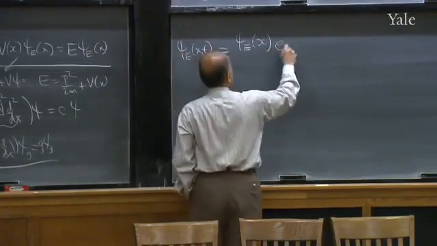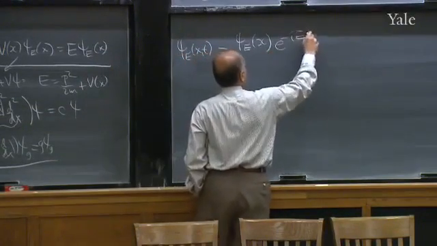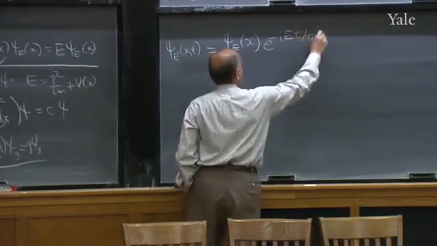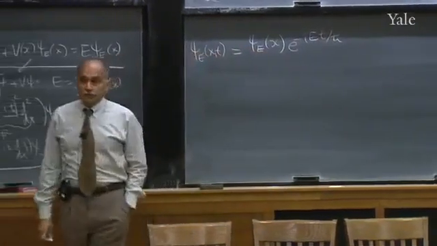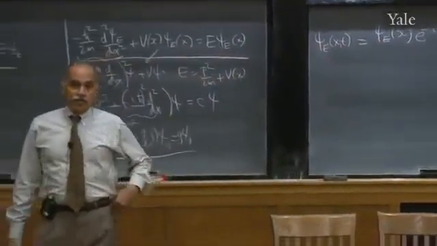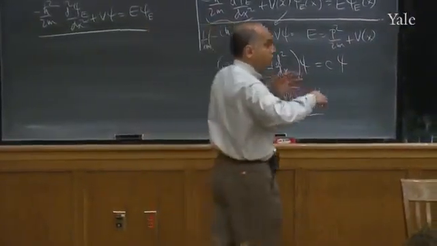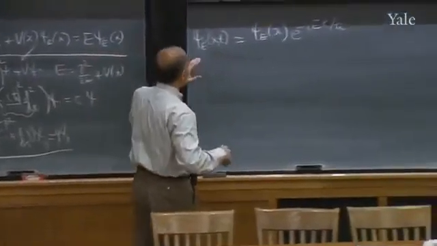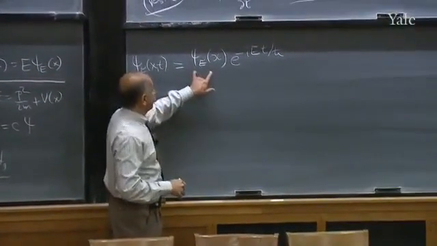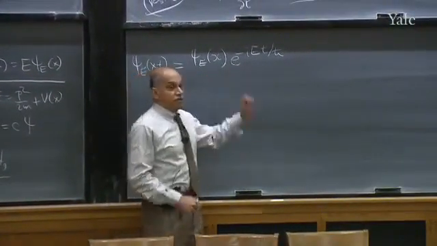It's essentially the same function multiplied by e to the minus i e t over h bar. You realize generally a wave function, when you let it evolve, will flop and wiggle and change its shape in a complicated way. But if you release it in this initial condition, all that happens to it is that.